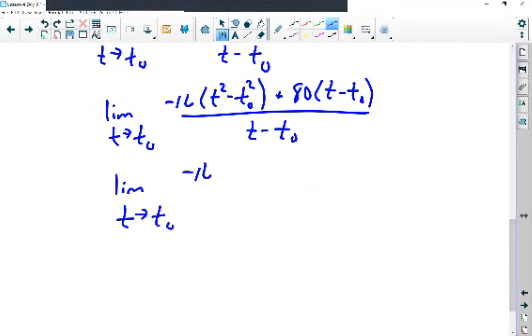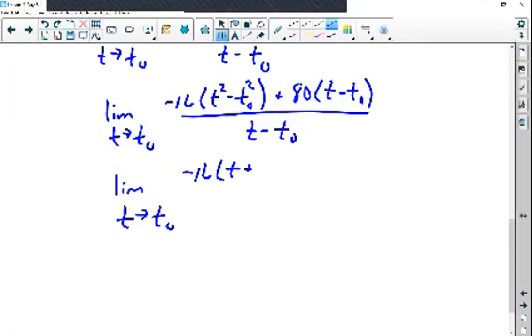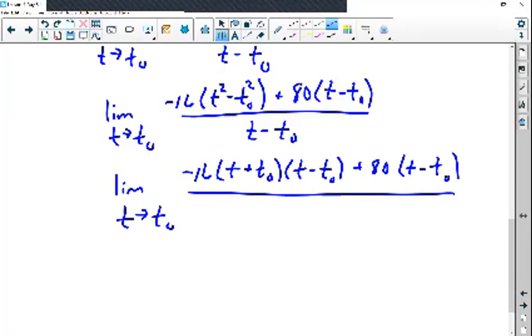Negative 16 times t plus t sub 0, t minus t sub 0, plus 80 times t minus t sub 0.